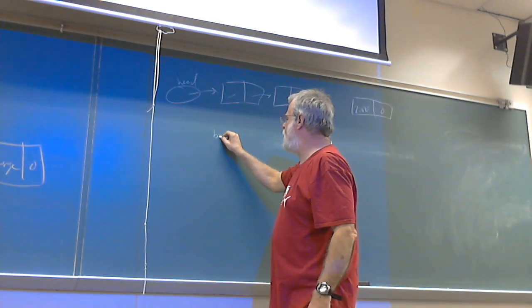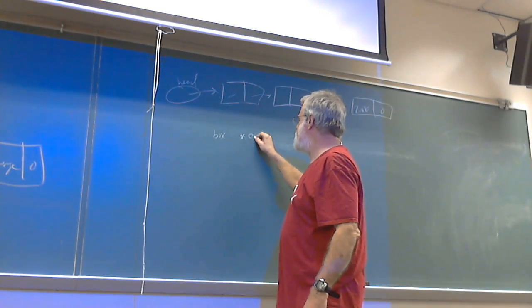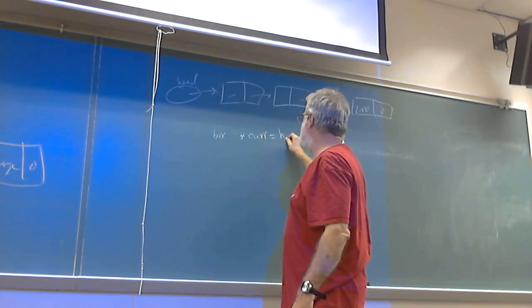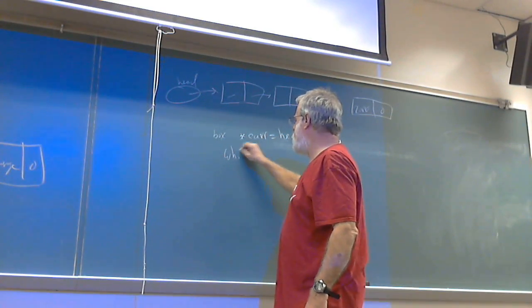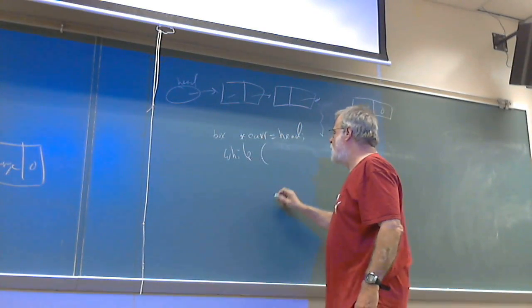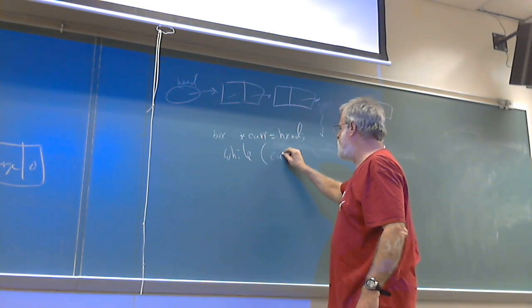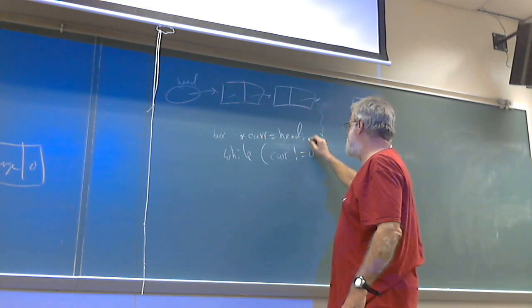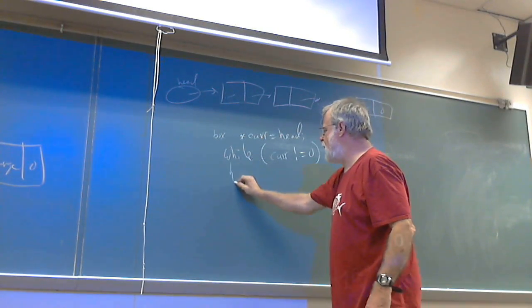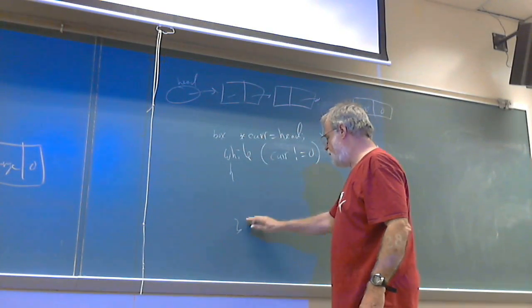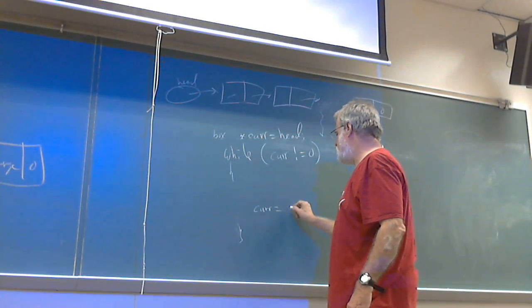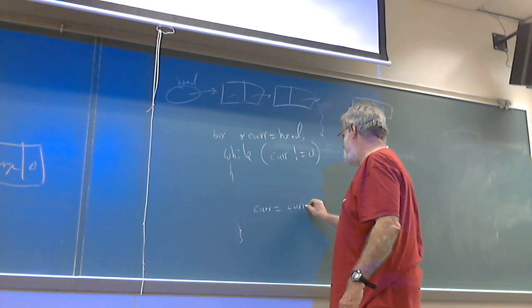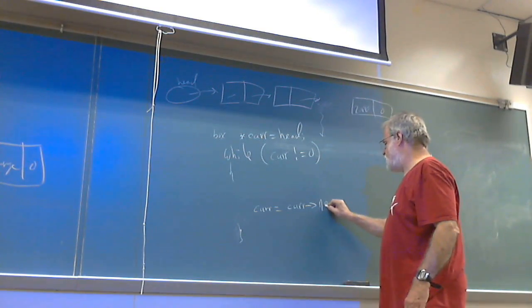We're going to have box asterisk current, and that's going to be equal to head. And you say what? While current is not equal to 0, and then down here you want the very last line is certainly going to be current is equal to current arrow next.